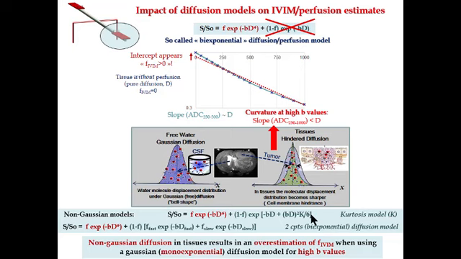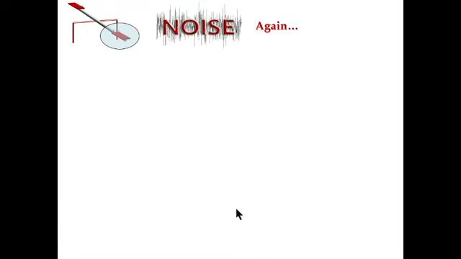I suggested, for instance, the kurtosis model, or a two-compartment bi-exponential diffusion model. But then, in fact, we have a three-exponential model: one exponential for IVIM, and a bi-exponential model for diffusion. Again, today I think the kurtosis model is more popular.